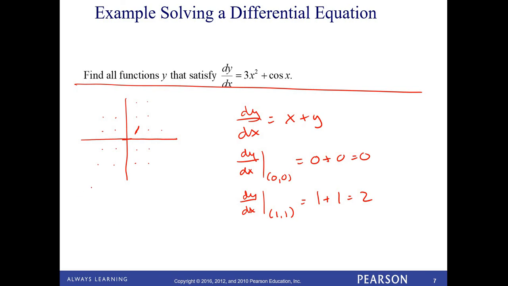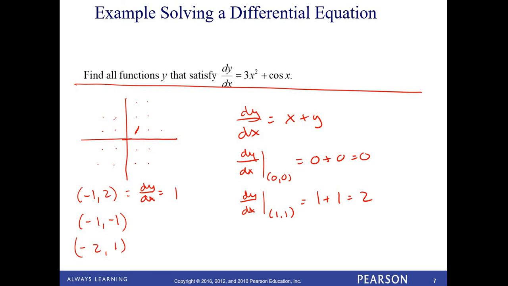Try a few others. Find dy/dx at -1, 2. Find dy/dx at -1, -1. And let's find it at -2, 1. So at -1, 2, dy/dx is going to equal 1, adding those together.